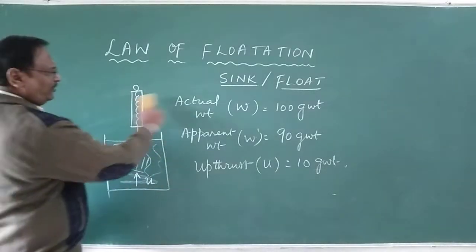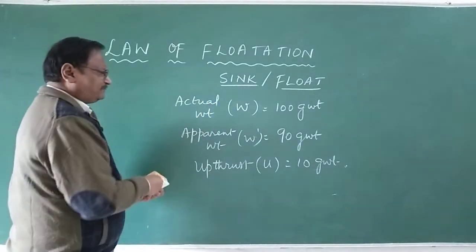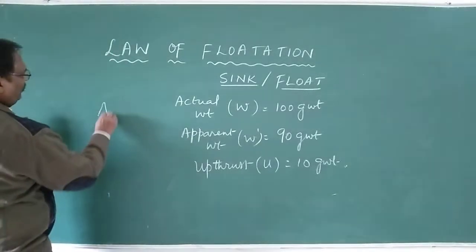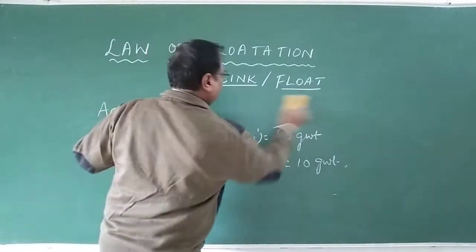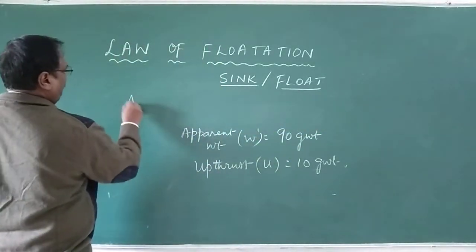So now we are going to connect these factors together, how the actual weight and all these are added together. I will write a formula here. Instead of actual weight, we will talk about apparent weight.